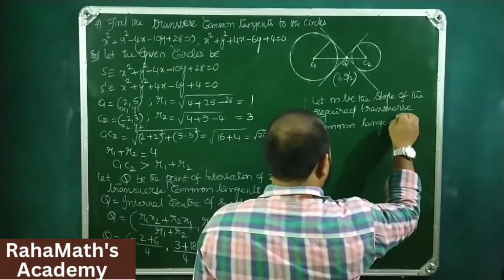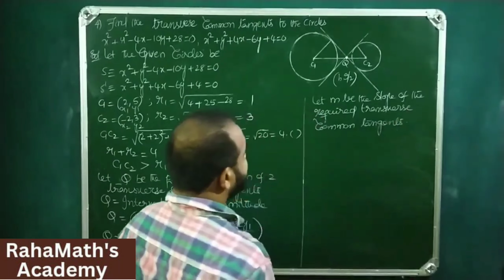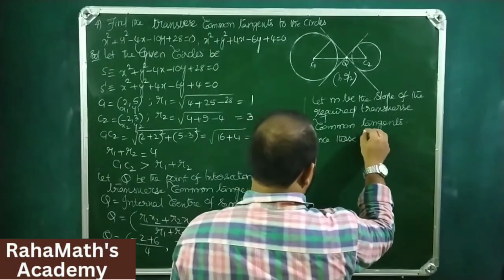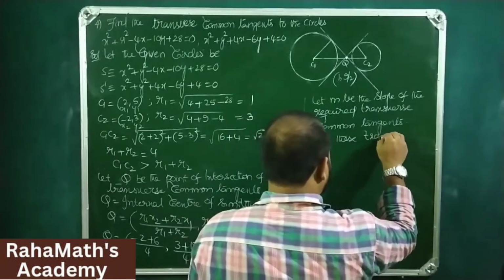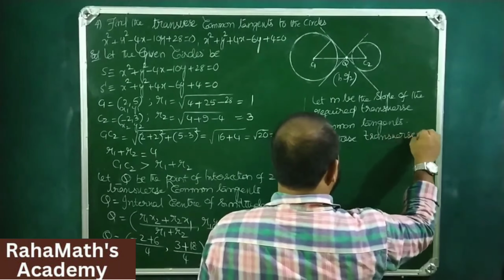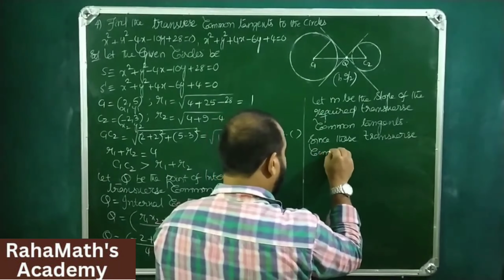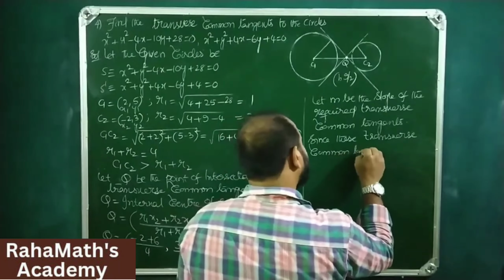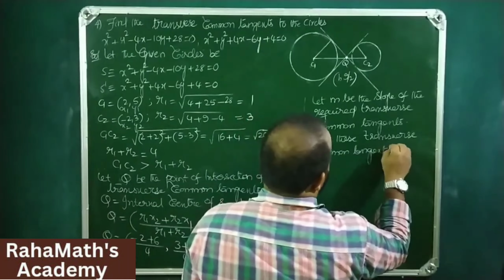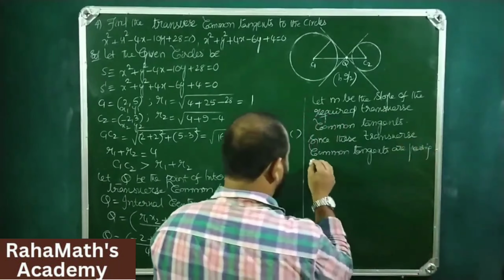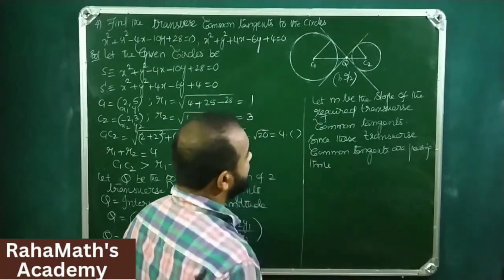Since these transverse common tangents are passing through which point?